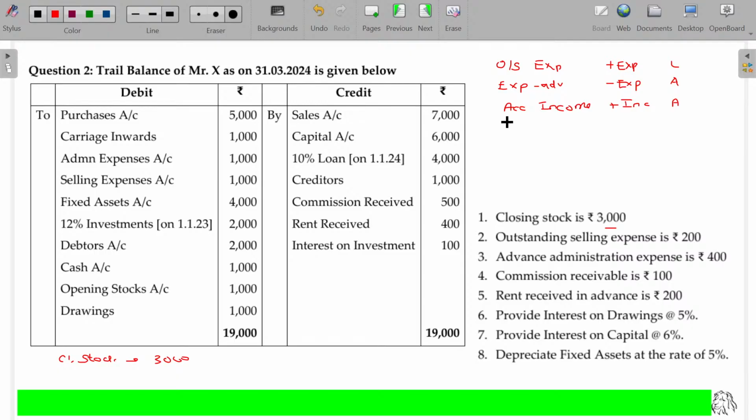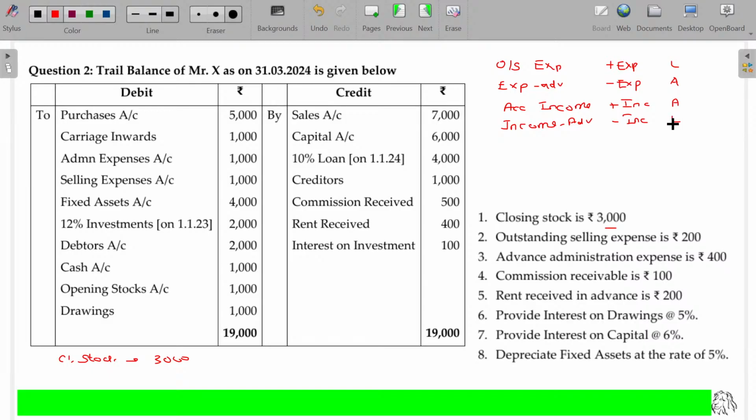And income received in advance should be subtracted from the concerned income and should be a liability here.